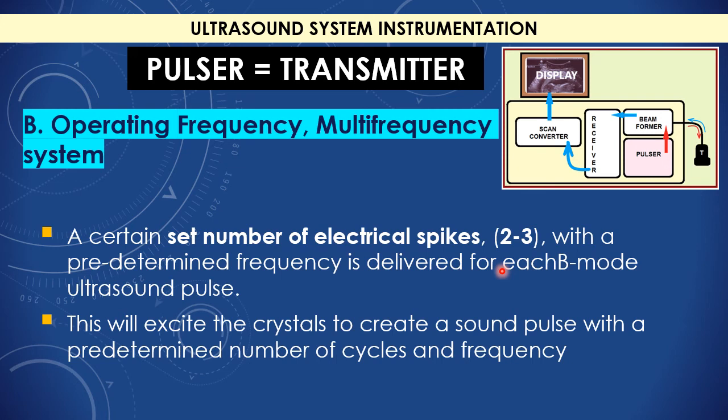If the ultrasound system gives an ultrasound pulse made of 3 waves, the system will deliver 3 spikes. So they are predetermined. The frequency of these spikes will determine the frequency of the waves within the pulse. This will excite the crystal to create a sound pulse with a predetermined number of cycles and predetermined frequency.